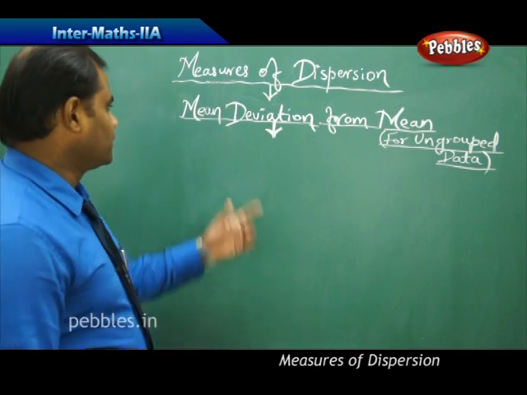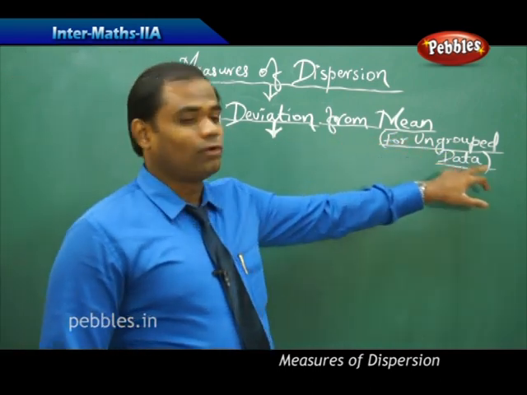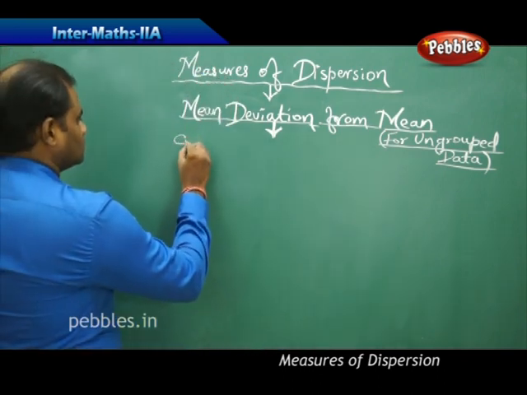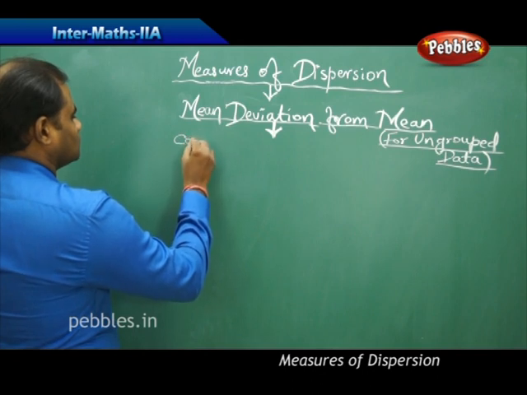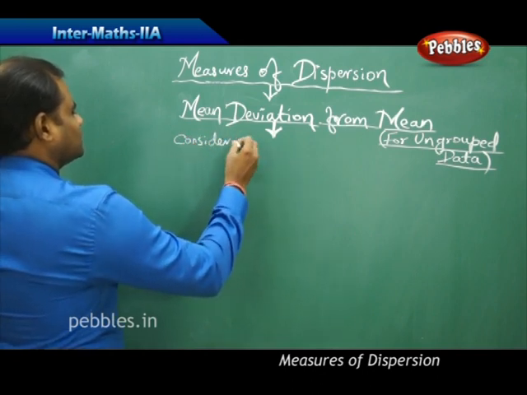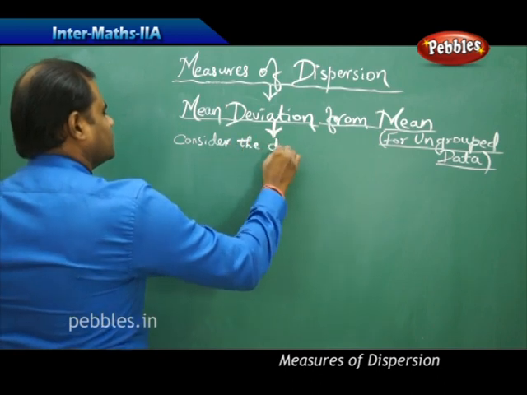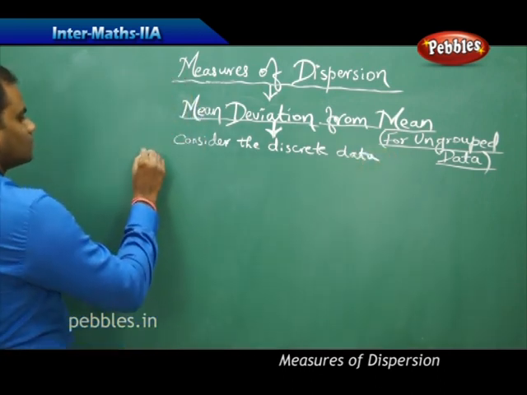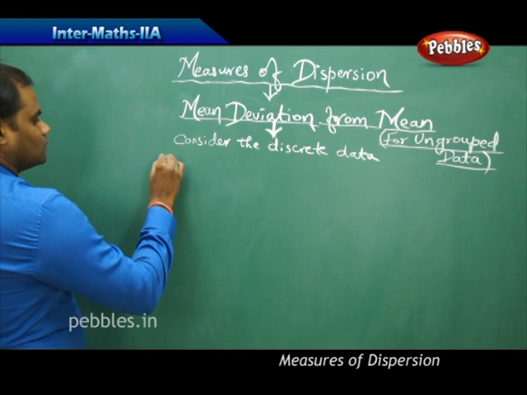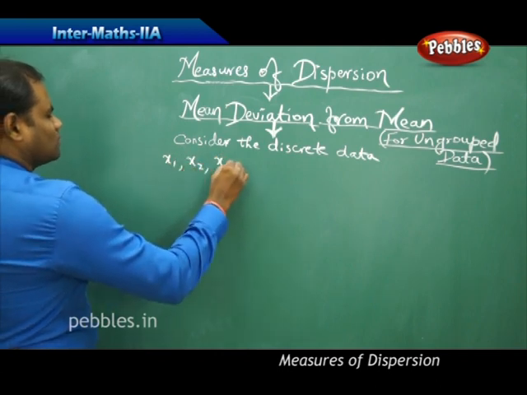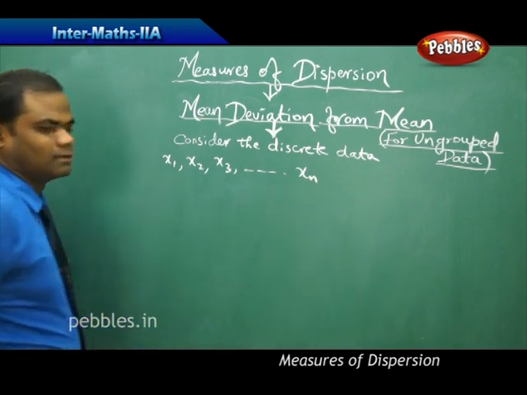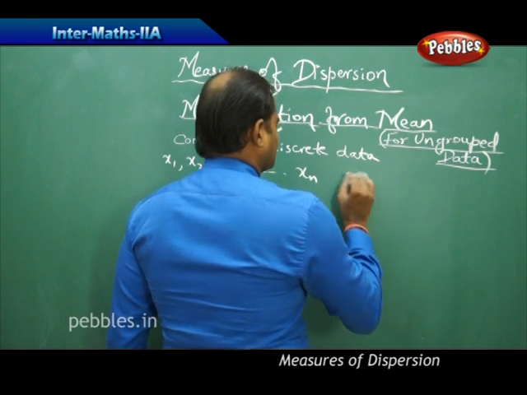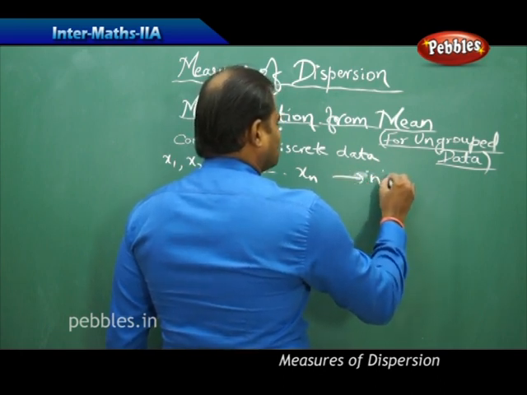So let's see how we can find the mean deviation from mean for ungrouped data. Here I consider the discrete data x1, x2, x3 till xn, which are called n observations.